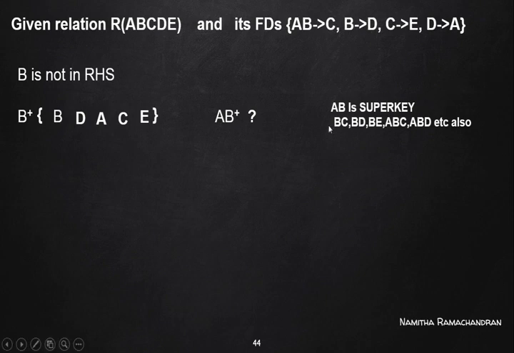Okay. Again, all other attribute combinations that contain B can also uniquely identify all the attribute values of our relation R. While removing this C, B alone can identify all the attribute values of a given entity uniquely.